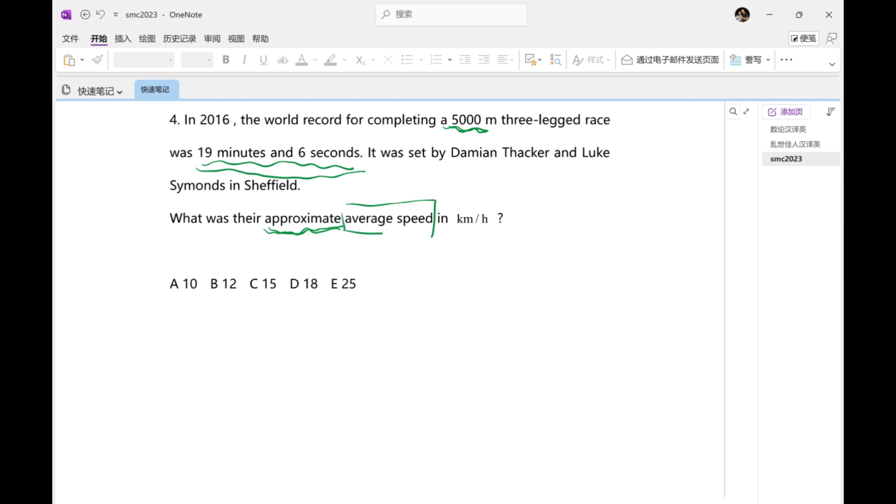The formula is distance divided by time equals speed. But we should pay attention to the unit.